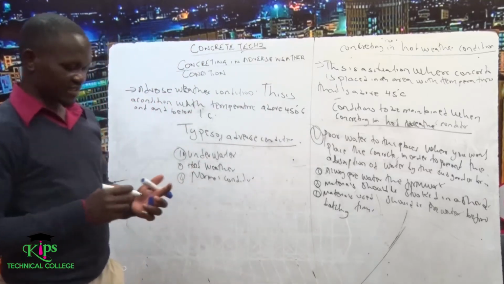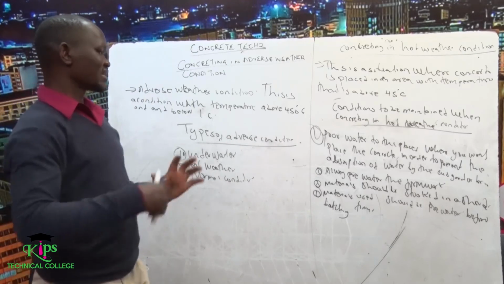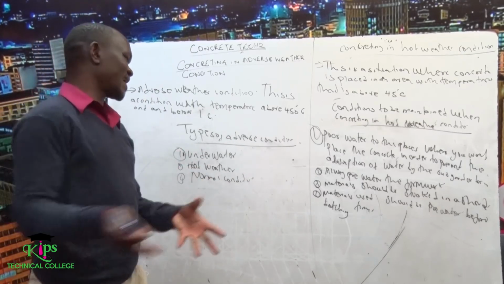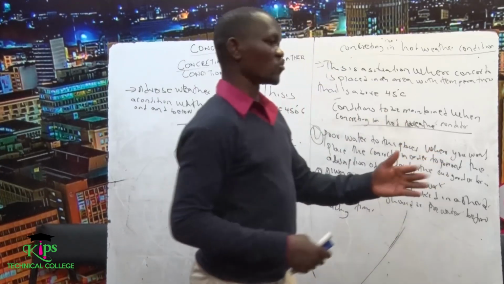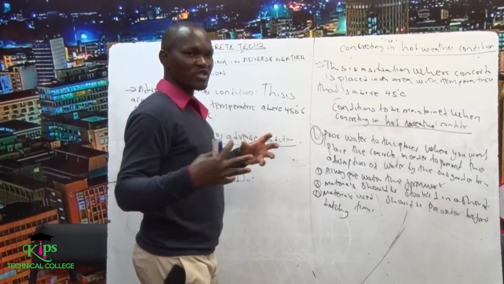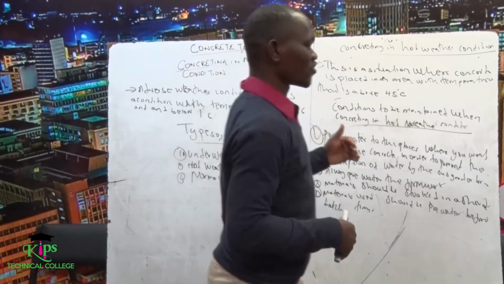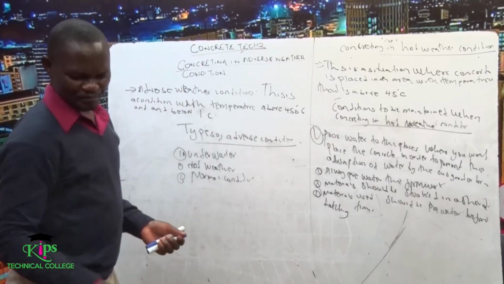When we say pre-watered, it means at the place where you have stocked your sand, you pour water into the sand, and you pour water into the ballast. After pouring water into the ballast, the moisture will somehow be retained, so it will not absorb a lot of water when mixing is done.